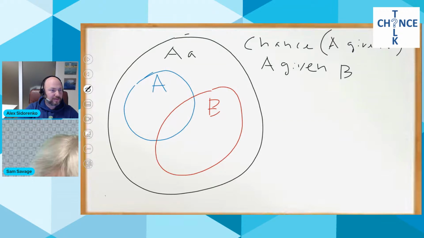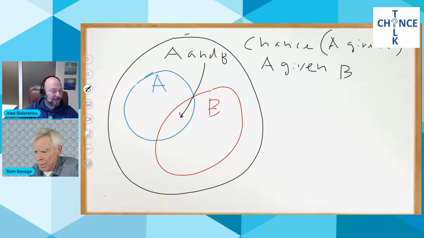A and B is that area. So it should be intuitively obvious that the chance of being in these things is proportional to the area.